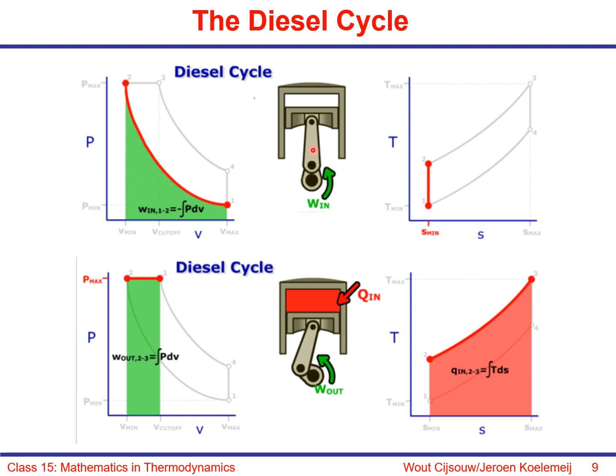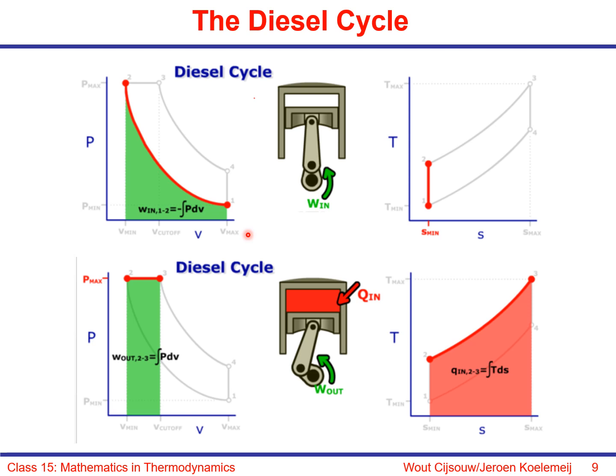The piston moves up, and we model this as an isentropic process, so there's no heat exchange with the environment. You can consider the cylinder to be isolated. So when you compress a gas, that leads to an increase in temperature. And in a TS diagram, it's an isentropic process, so we go straight up, no change in entropy.